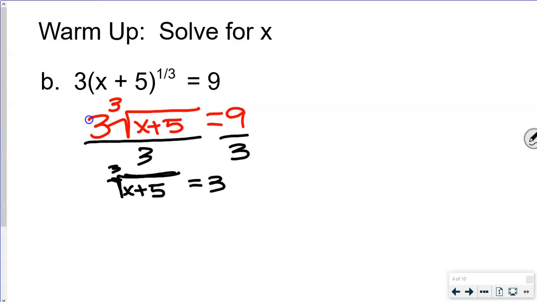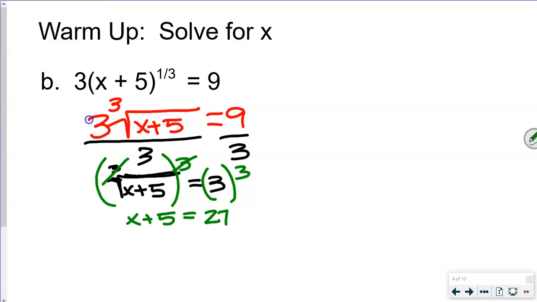Okay. So we're going to cube both sides of this, because when we do that, that cancels out that. So we're left with x plus 5. And 3 times 3 is 9, times 3 is 27. So then we're going to subtract 5 from both sides. So x is equal to 22.